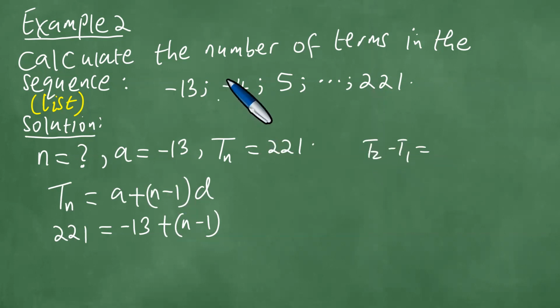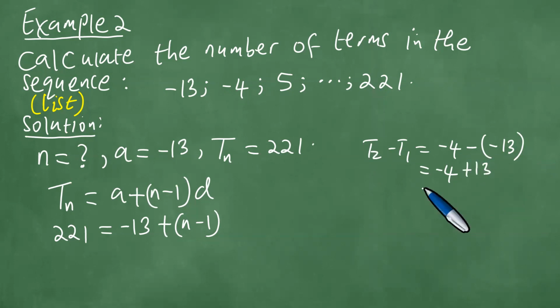T2 minus T1. What is T2? T2 is minus 4, minus T1. What is T1? It is minus 13. So minus 4 minus minus 13, negative by negative is plus, which is 9.